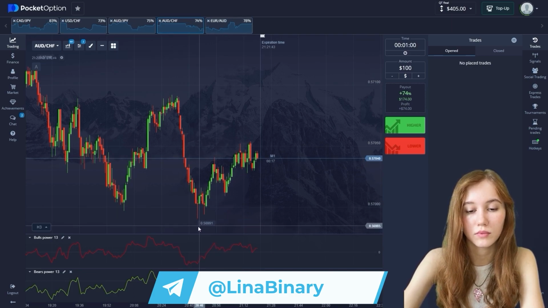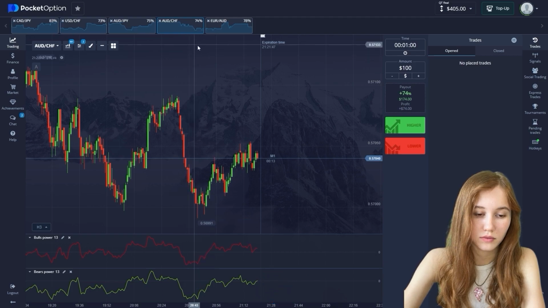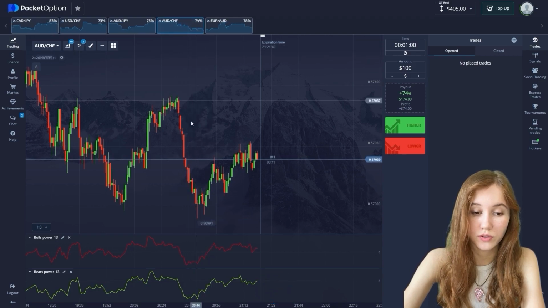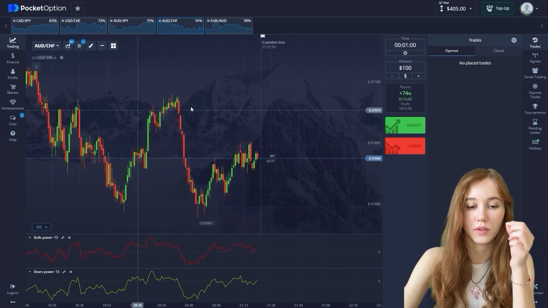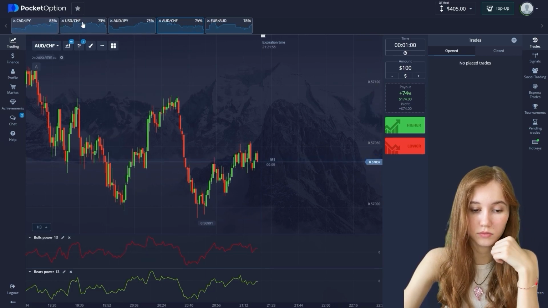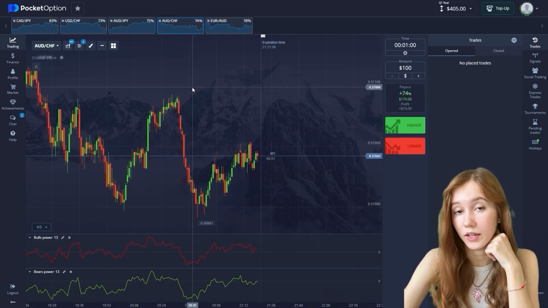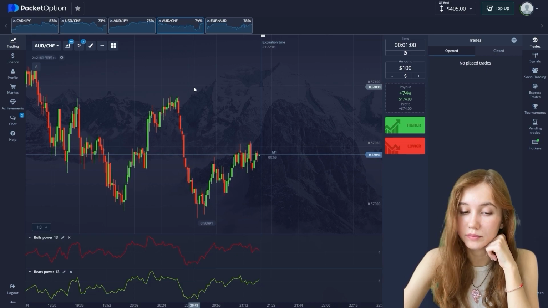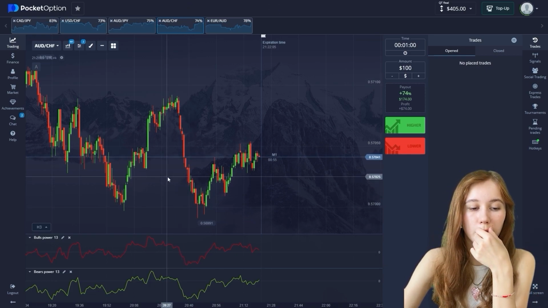So choose a good payout percentage. The ideal one is 80 or 90. But still, what do we have here?